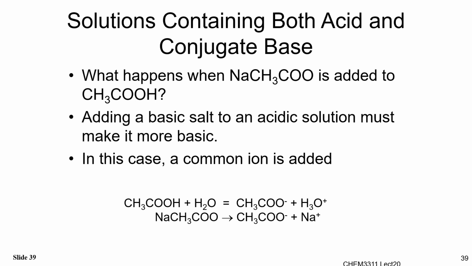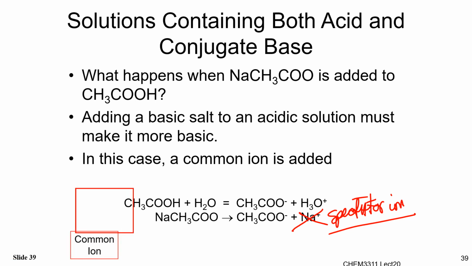And when I dissolve solid sodium acetate, I produce acetate ion and sodium, which again I ignore because sodium is a spectator ion. It has no effect on pH because it's the conjugate acid of the strong base sodium hydroxide, which means it's negligibly acidic.